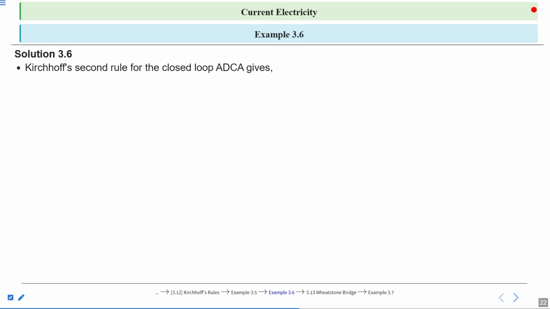Kirchhoff's second rule for the closed loop A, D, C, A gives the following. You can see the loop A, D, C, A in the diagram.